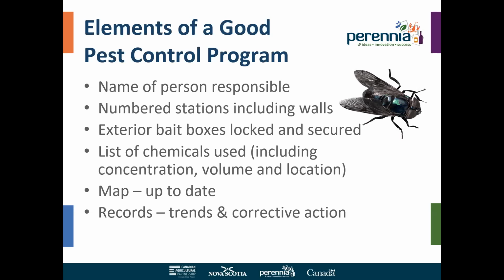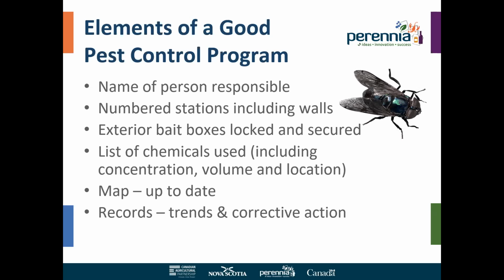List of chemicals. So any chemicals that you're using for controlling insects, pesticides, what have you, the concentration needs to be listed, how much is being administered, and which device did you administer or add that chemical to. And then the map. So it's one thing to have a map, but ensuring that your map is up to date.